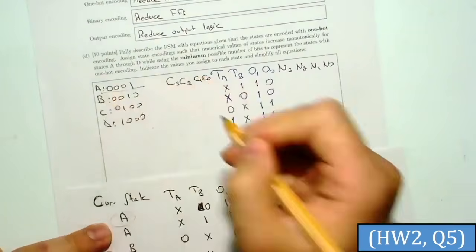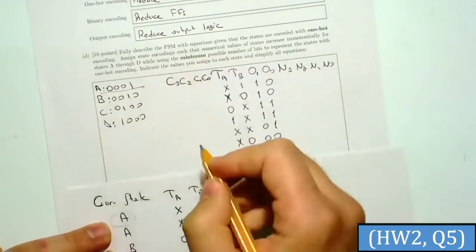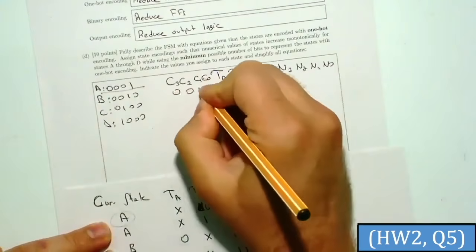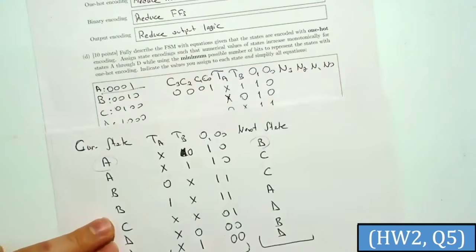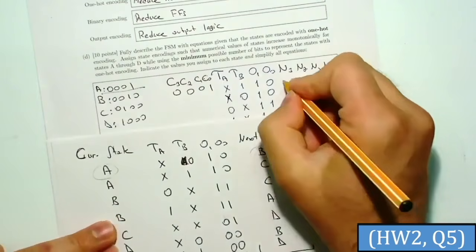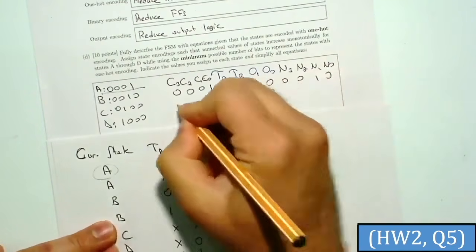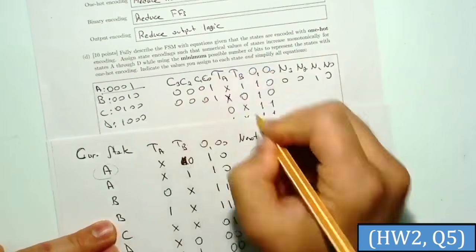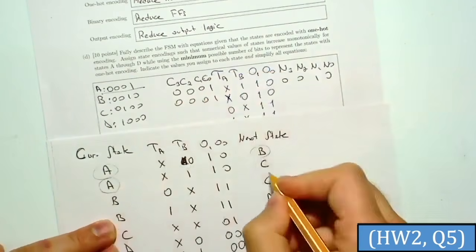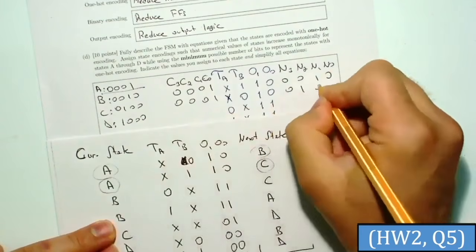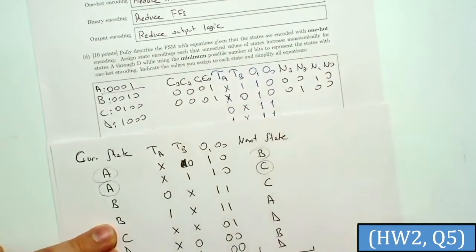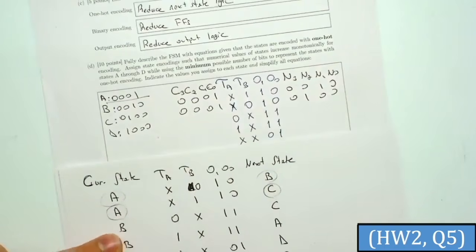If you remember, those two rows are A. I'm going to write the way that I represent A here, and the next state was B, and I represent B as follows. And again A, and the next state for this one will be C. I think you got the rest.